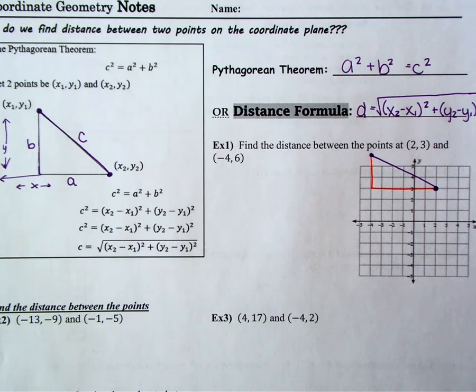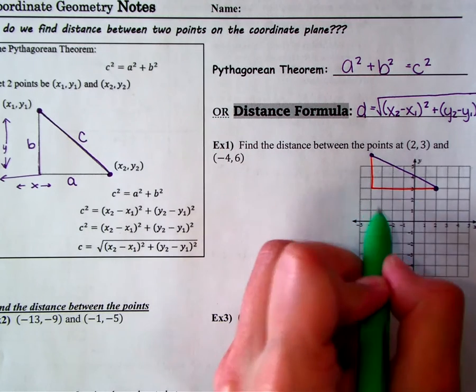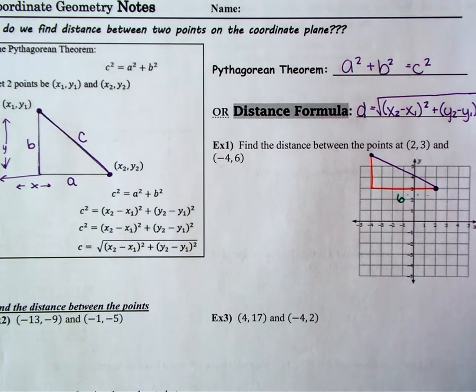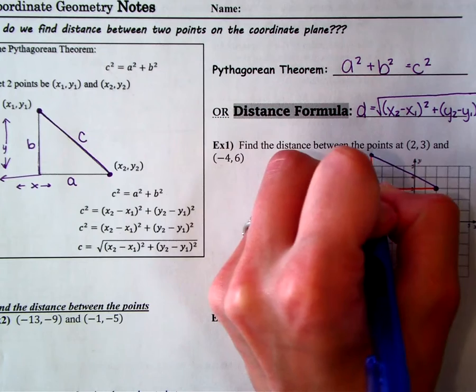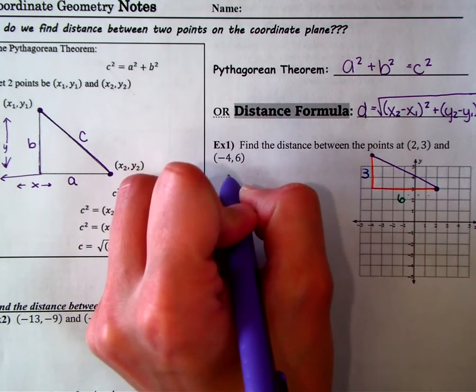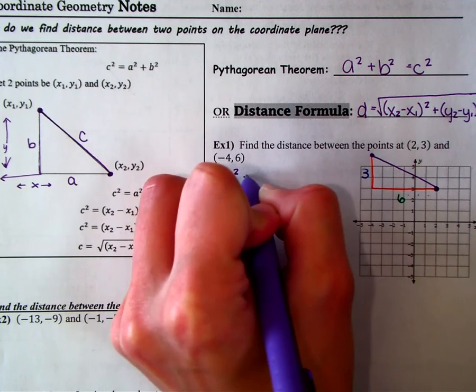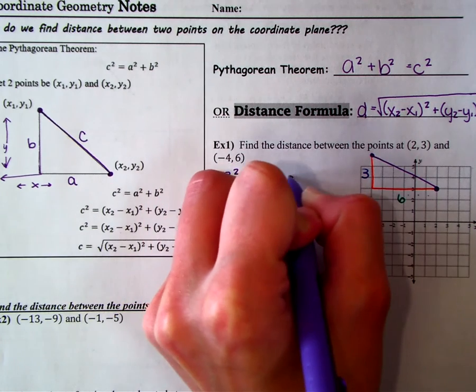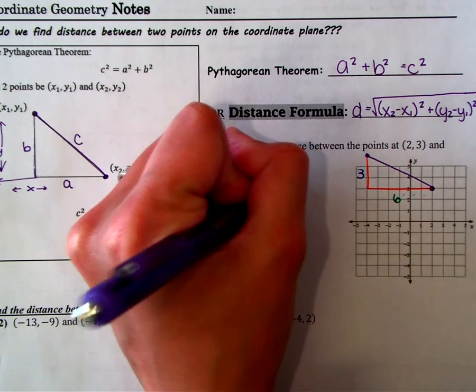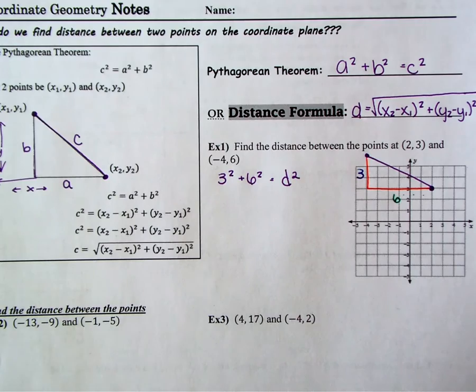My horizontal distance is 1, 2, 3, 4, 5, 6, and my vertical distance is 3. If we plug it into the Pythagorean theorem, we'll have 3 squared plus 6 squared equals my hypotenuse, or my distance squared. So you can say c squared or d squared. And then we'll just solve it.